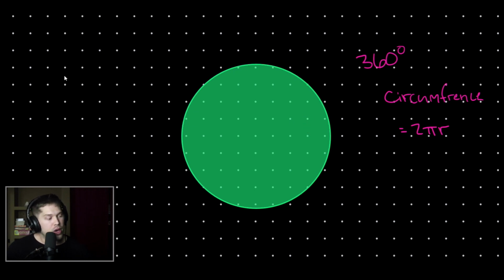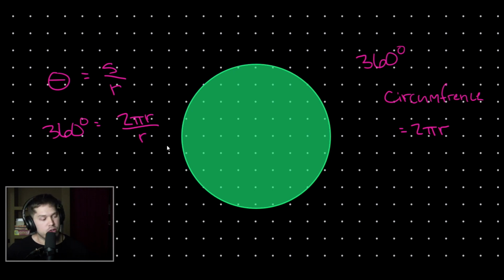So using our formula where theta is equal to our arc length over our radius, and we know that a full revolution of a circle is 360 degrees, and we know that that length is equivalent to our circumference, which is 2 times pi times the radius, and then if we divide by the radius to convert to radians, then we can see that 360 degrees is equivalent to 2 pi radians.